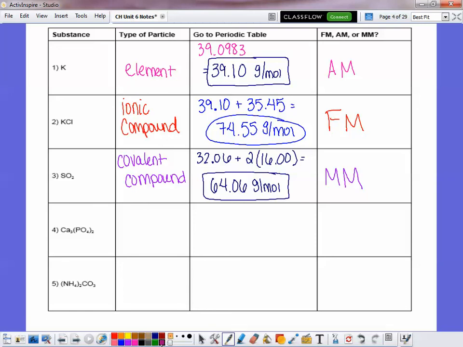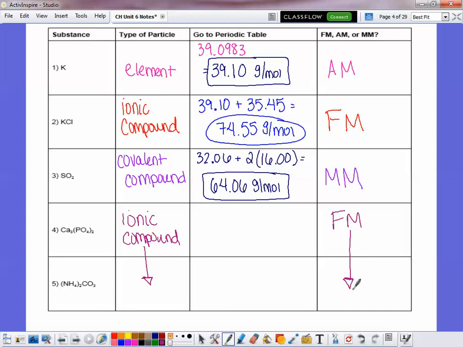I'll give you a hint. They're the same type of particle. They're both ionic compounds because they contain ions. We have calcium phosphate and, sorry, not sodium, ammonium carbonate. They're both ionic compounds. So therefore, what are we calculating for both of them? Formula mass.